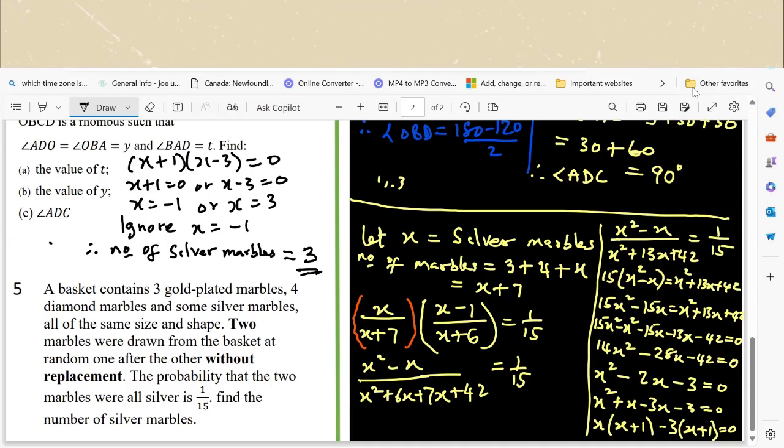We ignore -1, because the number of marbles cannot be negative. That is why we accept 3 to be the real number of the silver marbles.